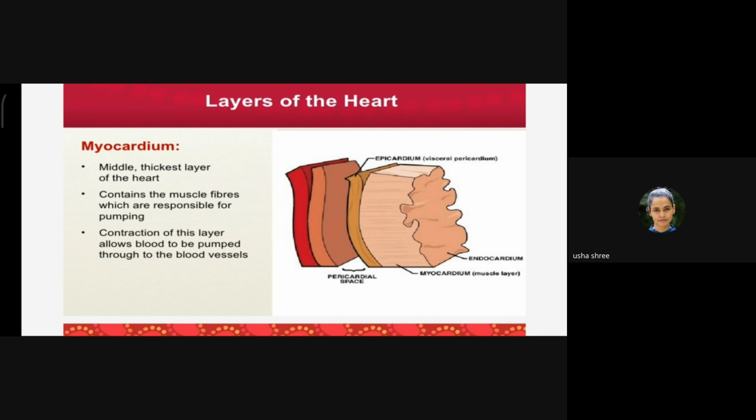Contraction of this layer allows blood to be pumped throughout the blood vessels. Means when the myocardium layer is contracted, blood is pumped out from the heart.